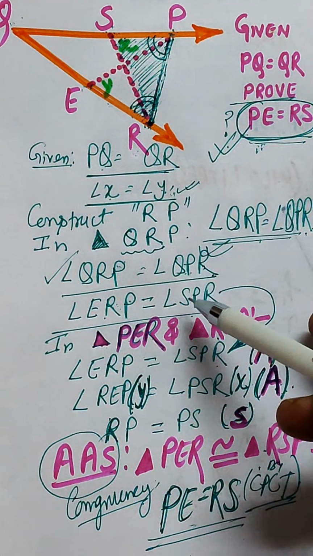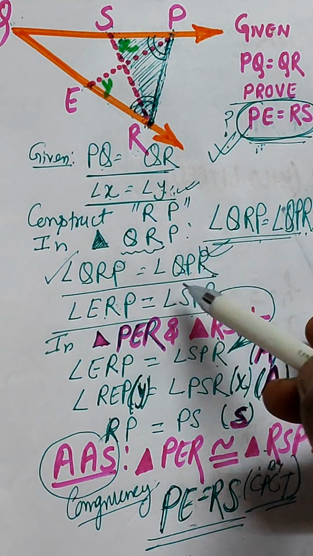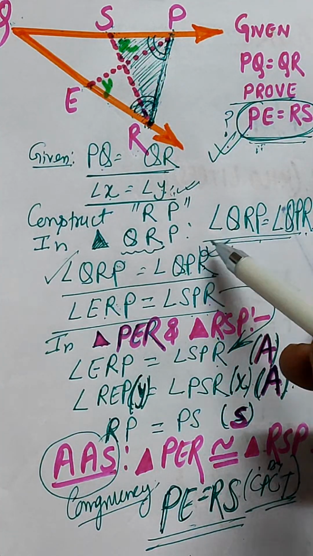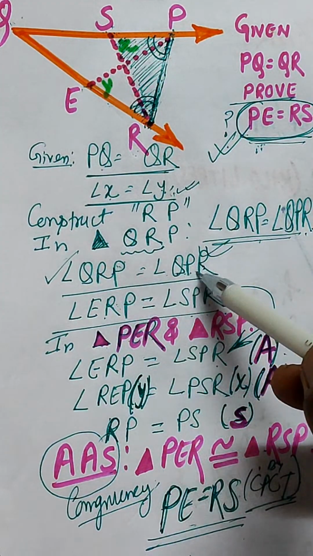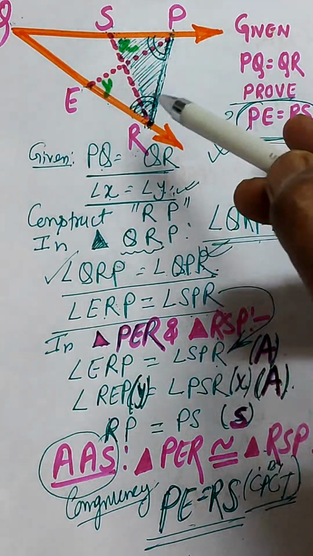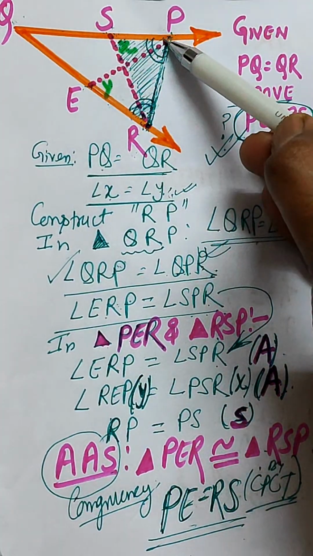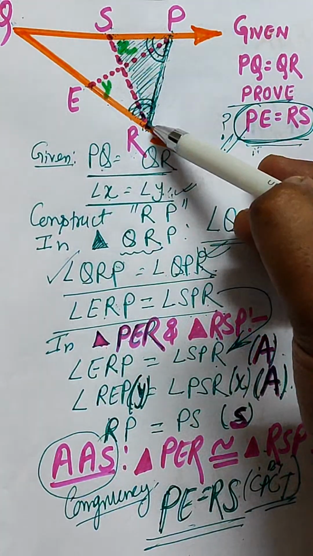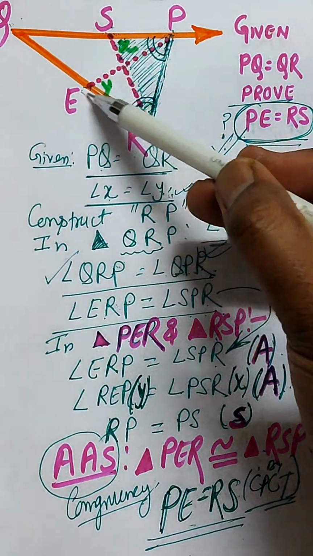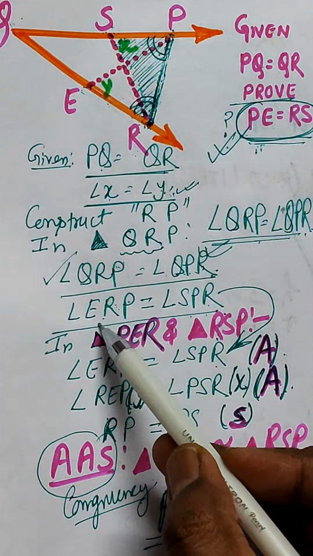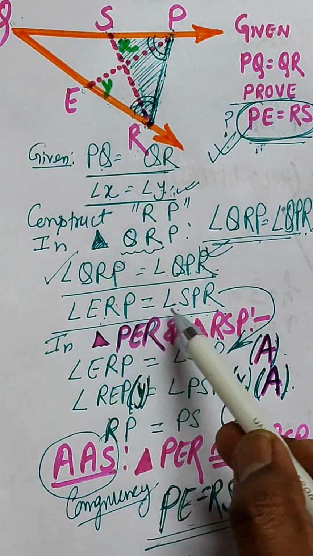That is, angles opposite to the equal sides of a triangle are equal. That's why angle QRP equal to angle QPR. And angle P can also be written as angle SPR, and angle R can be written as angle ERP. So here we have changed the nomenclature.